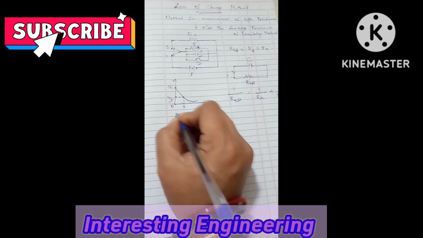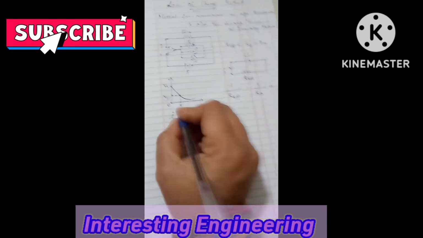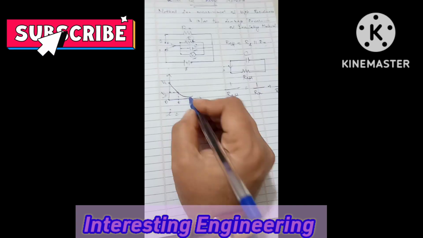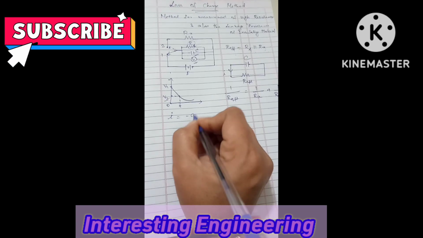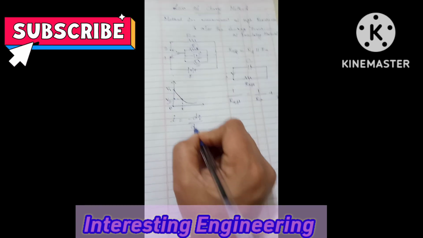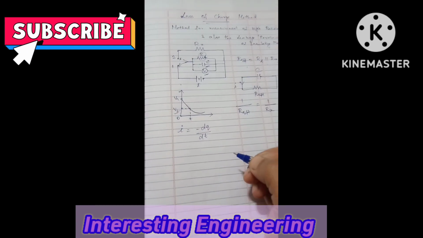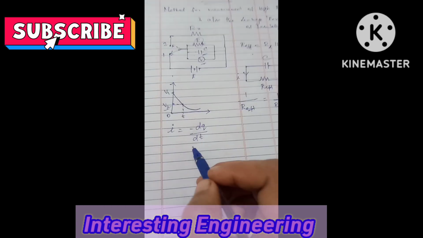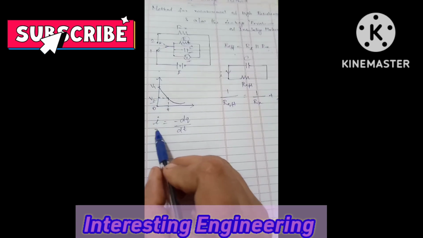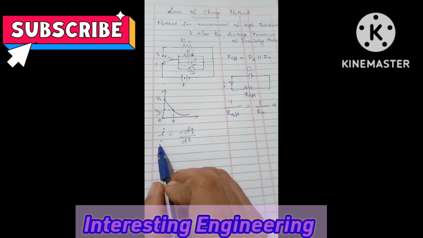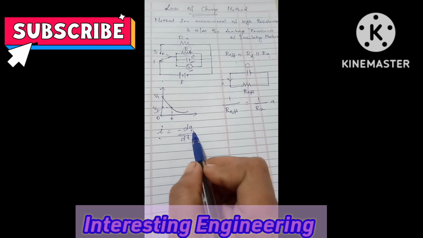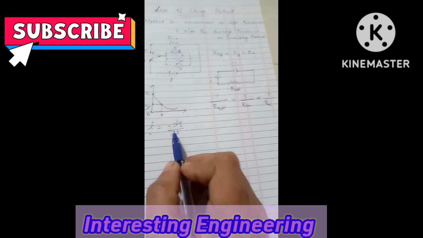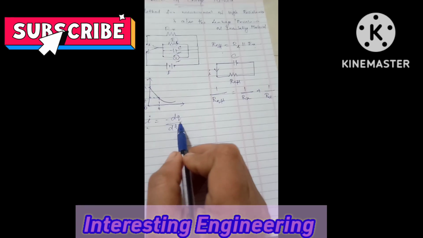Since we have a capacitor here, we can represent the leakage current as dQ by dt. We already know the current through any circuit is the rate of change of charge, and that's what I have written here, minus dQ by dt.